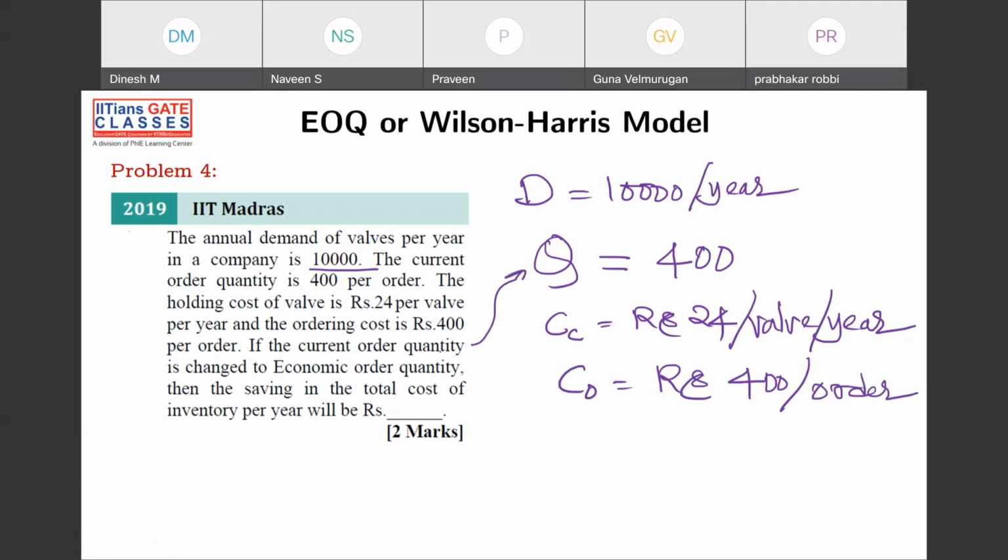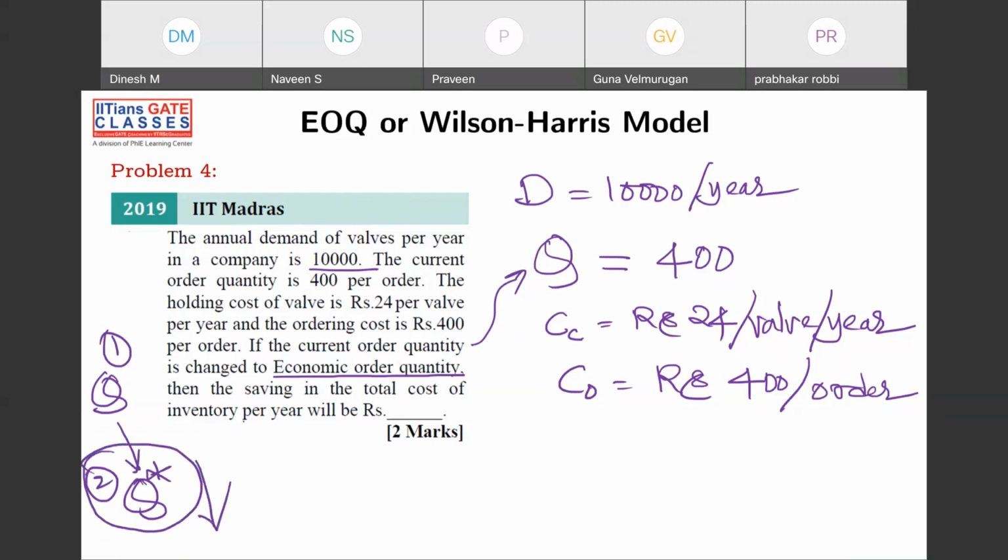Now, if the current order quantity of 400 is changed to economic order quantity, in the sense, I want to find Q star. Initially they are ordering 400, now they have changed it to economic order quantity. This is the first case, and this is the second case. Then the saving in total cost of inventory. Obviously, if you order economic order quantity, your total cost will come down.